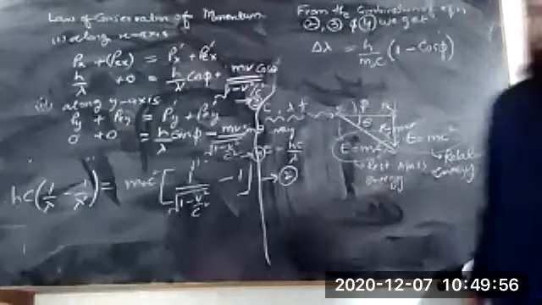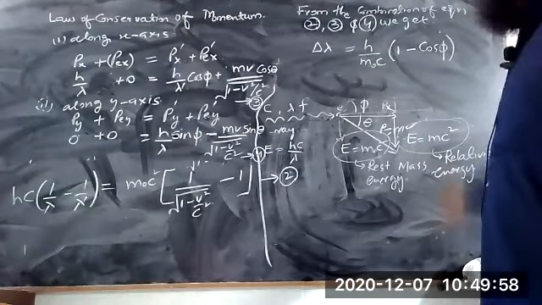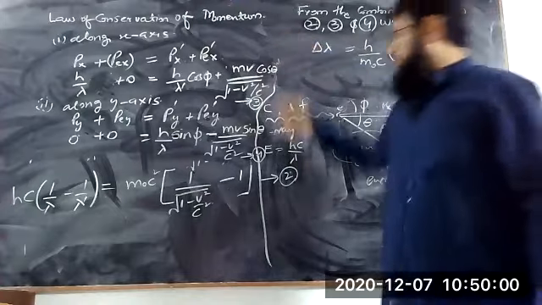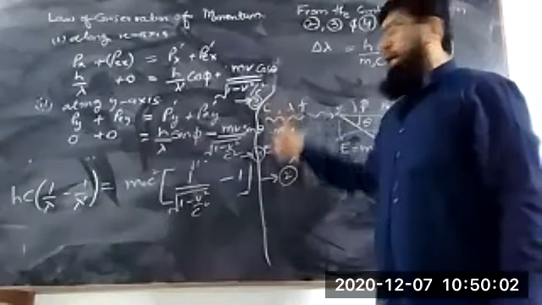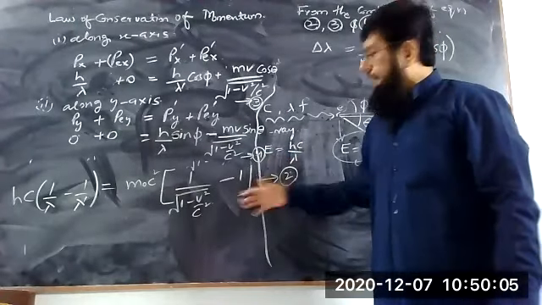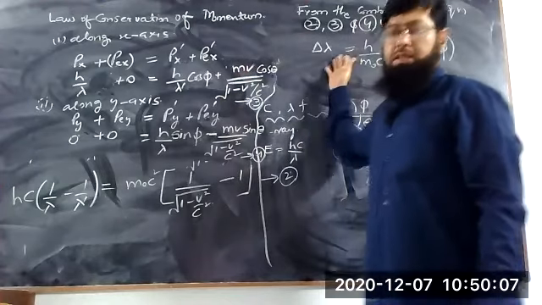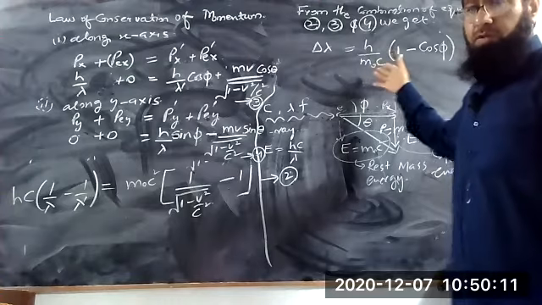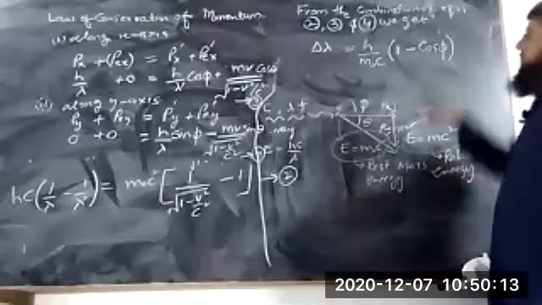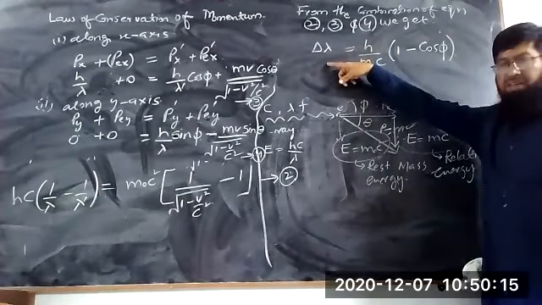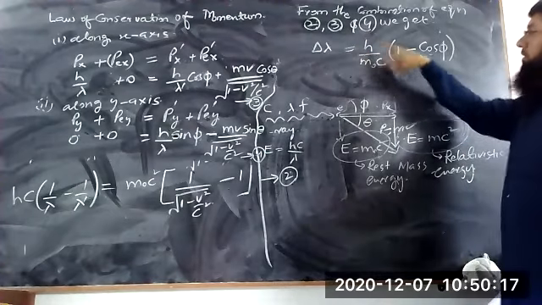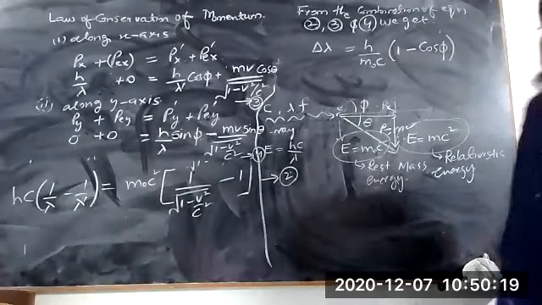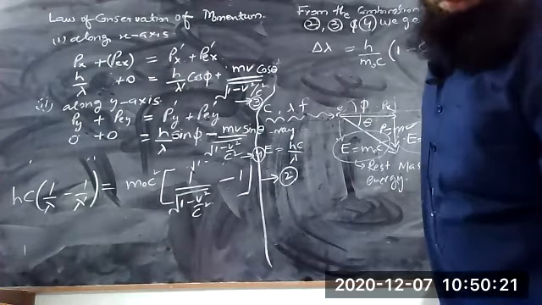This is the final result, which is coming out from equations 2, 3, and 4. How it comes out has already been solved in a problem. I will give you an assignment. So here, delta lambda is equal to h upon m naught c times 1 minus cos of angle phi.